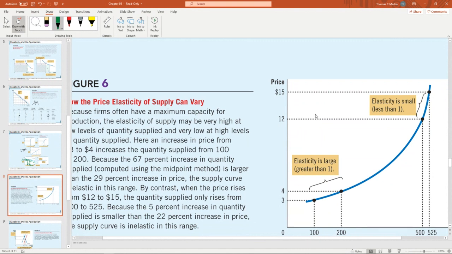But here, when we go from 12 to 15, it goes from 500 to 525. So there's only a 25 unit change here with a $3 change. So that is inelastic. The elasticity is small, or less than 1, or basically inelastic.